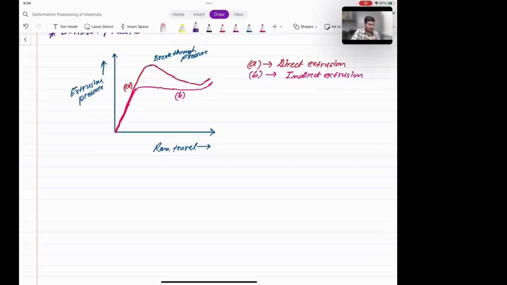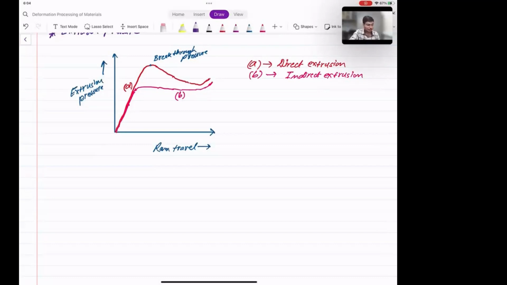Now, if you see towards the end, when the billet almost gets extruded out from the orifice, again the pressure starts increasing. This can be observed in both the direct as well as the indirect extrusion processes. So, why is it so?